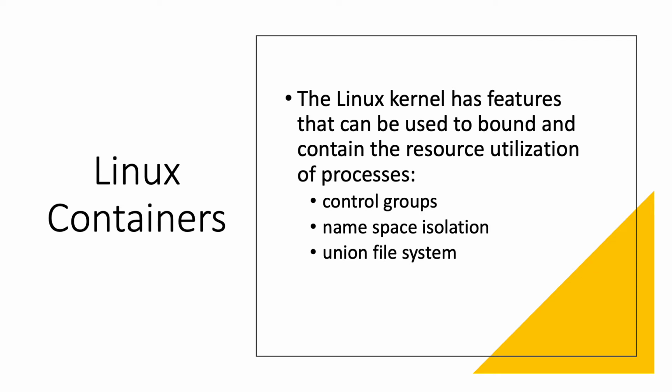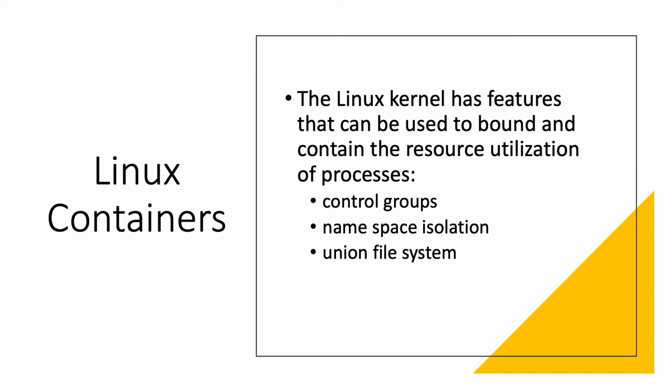Now, the way we get containers comes a lot from how Linux handles containers. The cloud didn't invent containers. Containers were there for a long time because there are features in the Linux kernel that can be used to create containers. So there were Linux containers before there was the cloud.